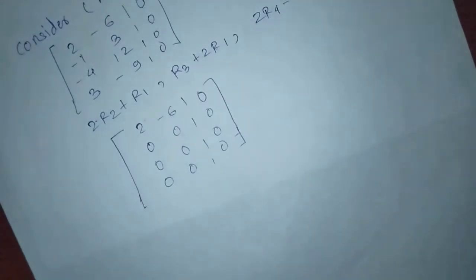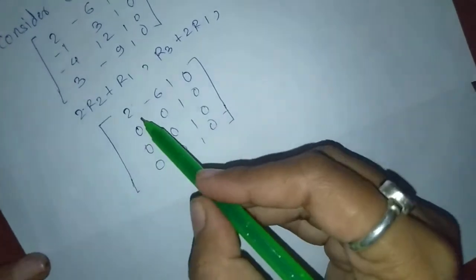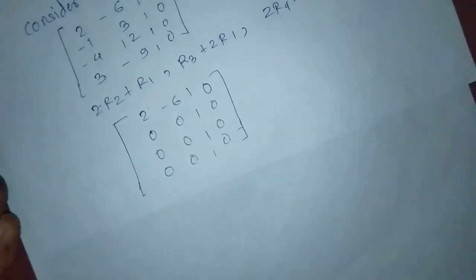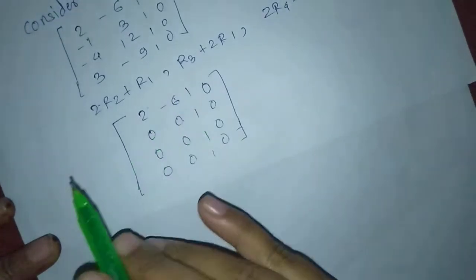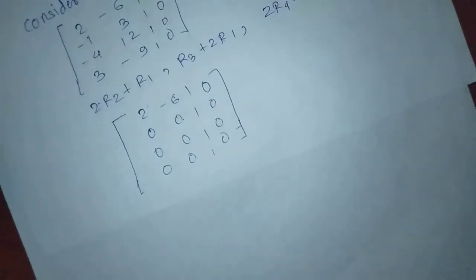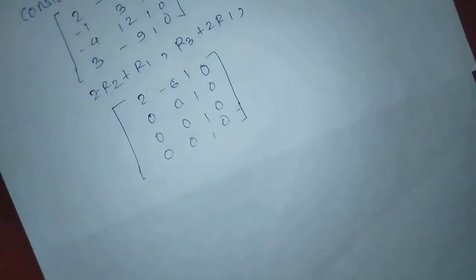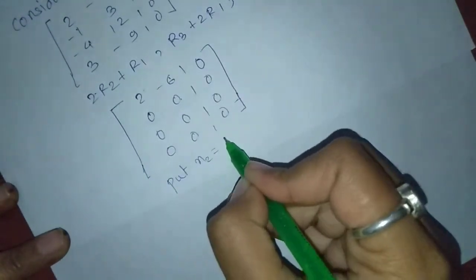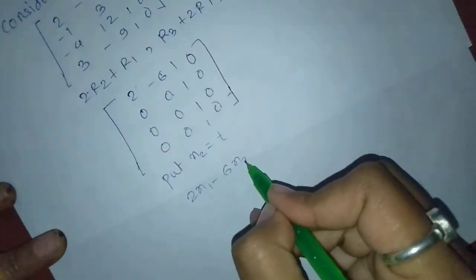Now here you can see that a pivot position occurs only in the first row, and in the second column there is no pivot entry, so x2 is a free variable. Put x2 equal to t, and the equation becomes 2x1 minus 6x2 equal to 0.